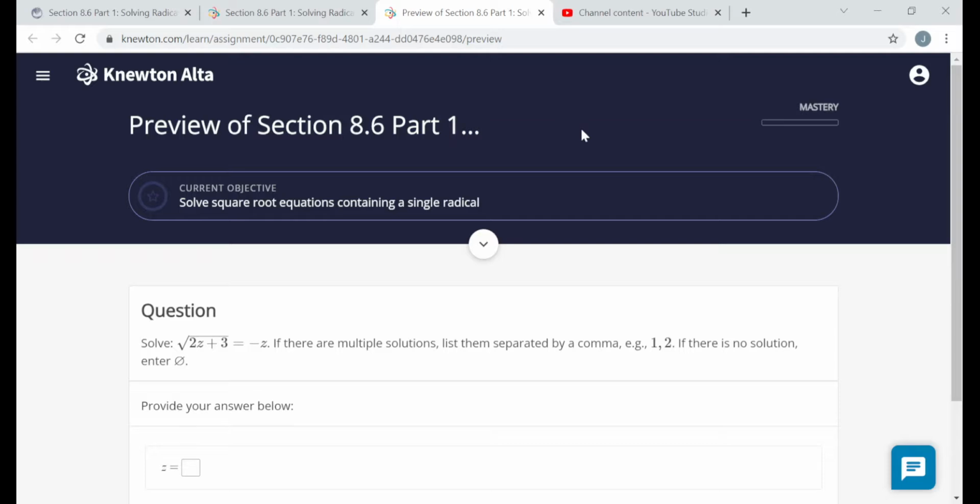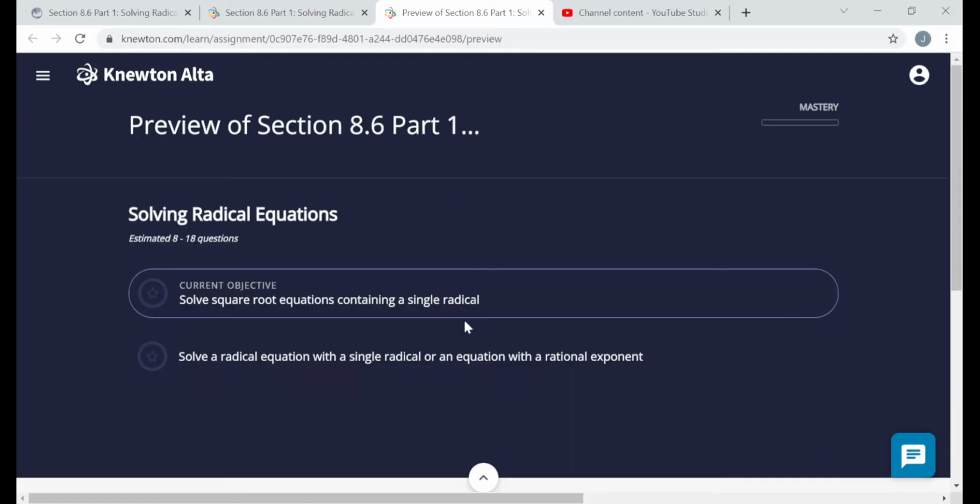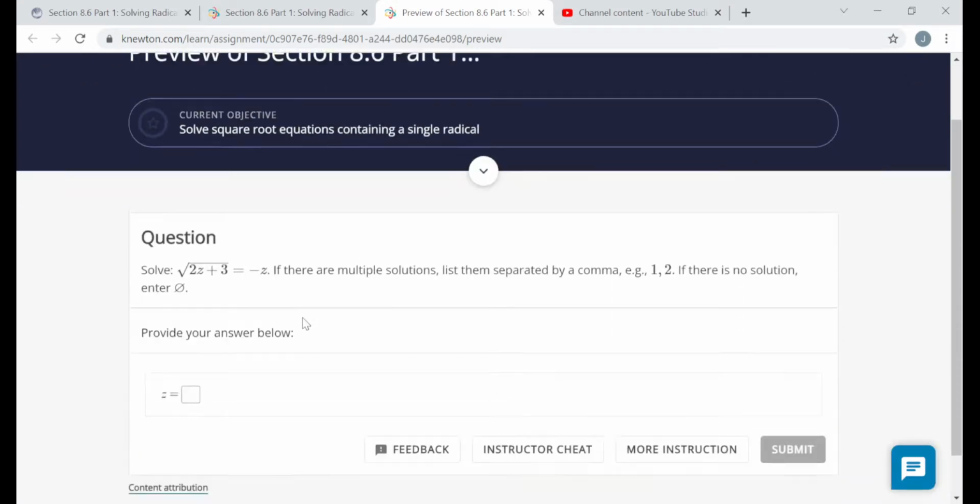Alright, so here's the assignment page. You will not see the words preview of. You'll only see the title of the assignment, the mastery bar telling you how far along you've gotten, the objectives. It looks like there are 2 objectives in this assignment, and then your questions.